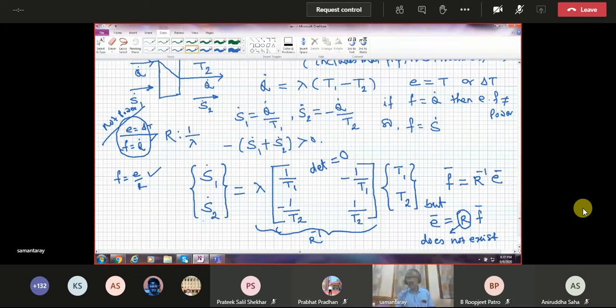Now this has become a vector. Because it has become a vector, you have to write the model somewhat like this.